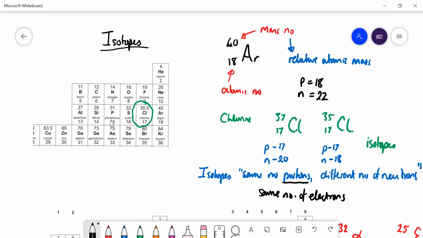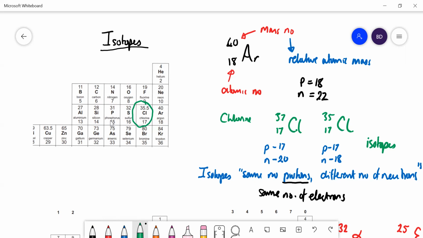That's the only difference. Now, why do we use this number 35.5? Well, you might think that is an average. But the average of 35 and 37 is not 35.5, it's 36, isn't it?